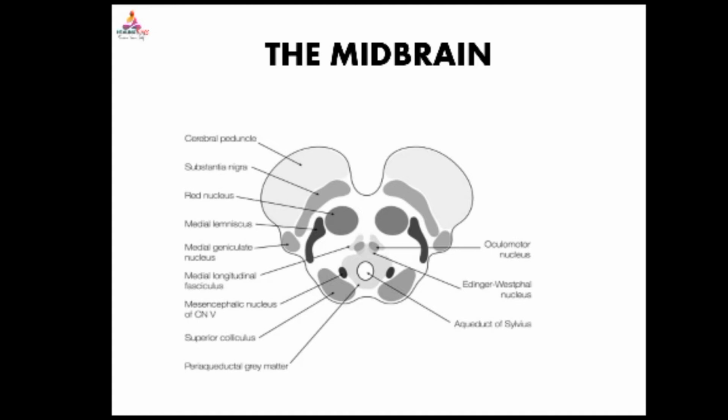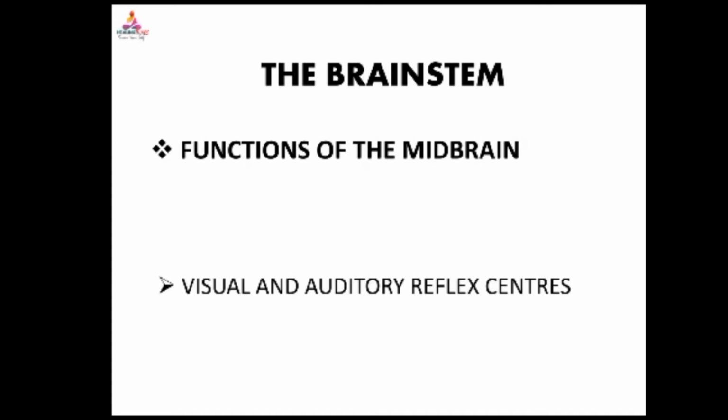In cross section, the red nuclei appear as oval masses of pinkish gray matter. The red nuclei help in unconscious regulation and coordination of motor activities. Function of midbrain is visual and auditory reflex center.